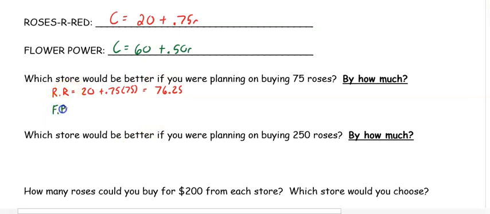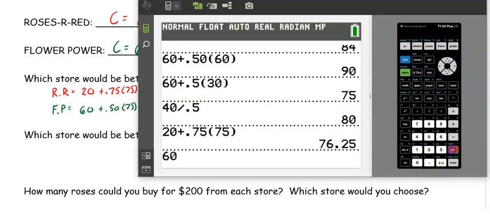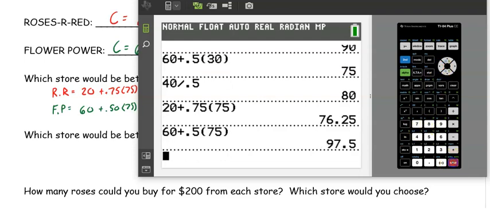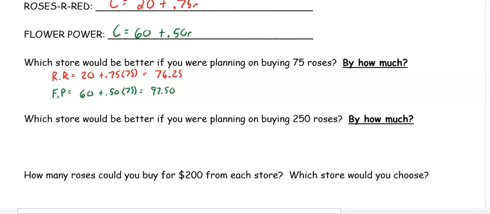Flower Power is going to be $60 plus 0.50 times 75. That would give us $97.50. So Roses Are Red would be the better value.